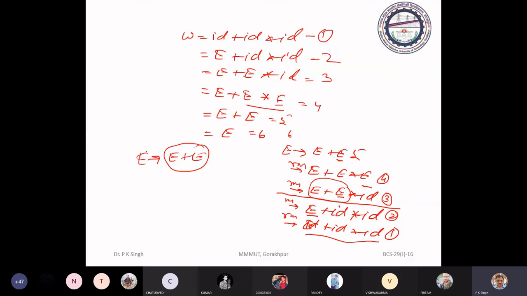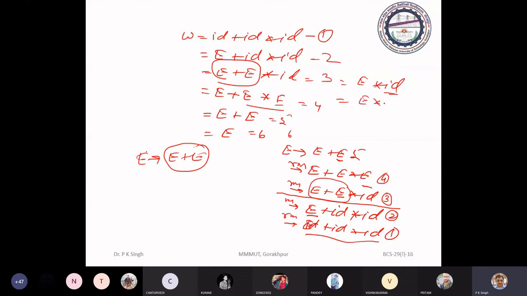Here you can see we are not reducing it to E. If we reduce it to E, it will become E asterisk ID, and the next substring will be this.